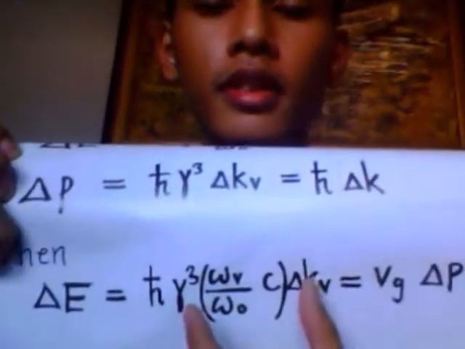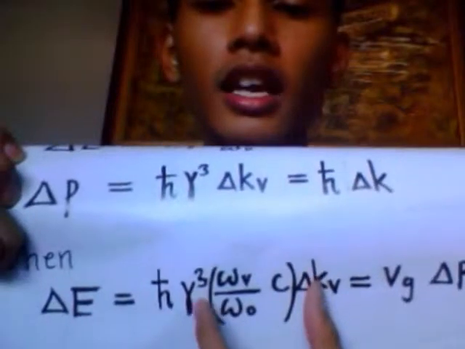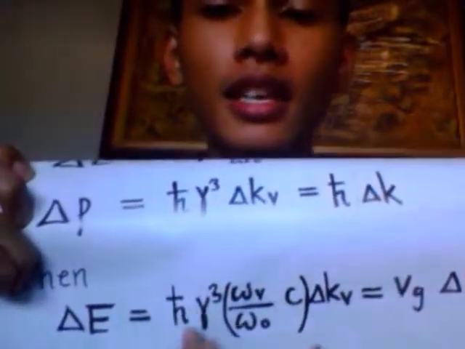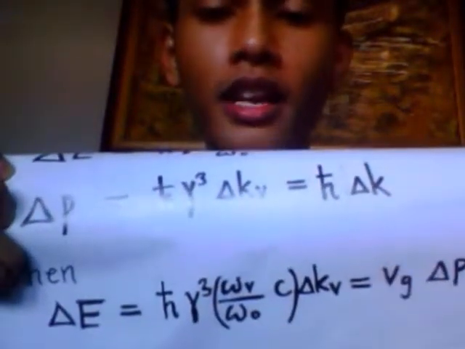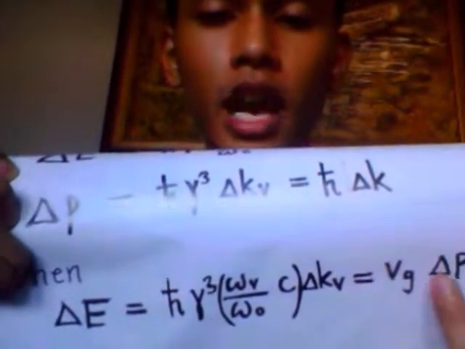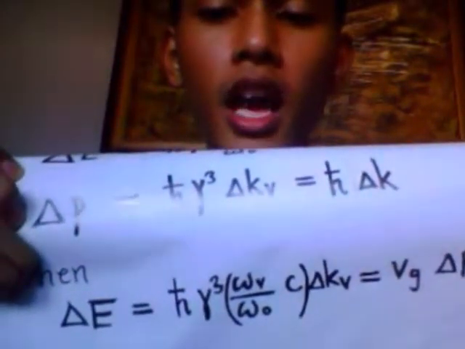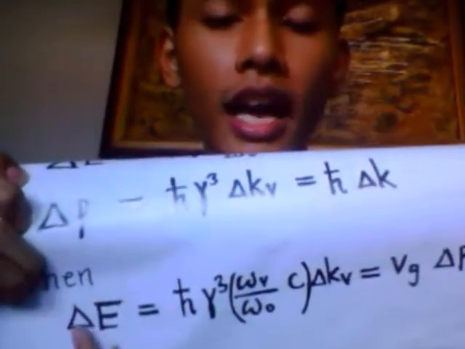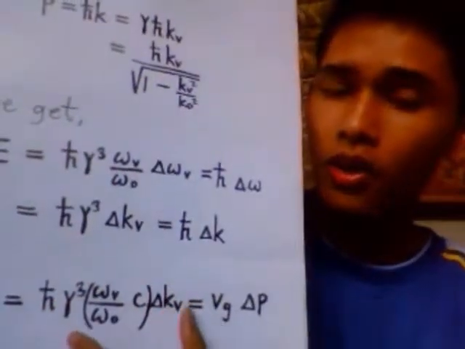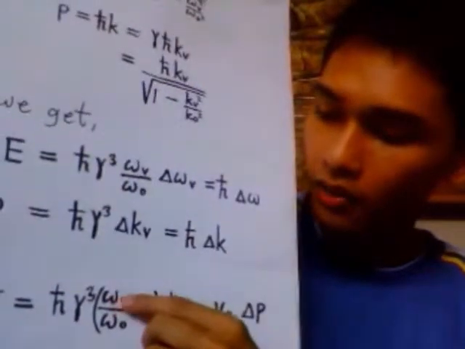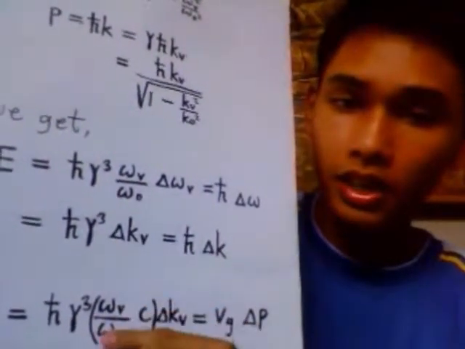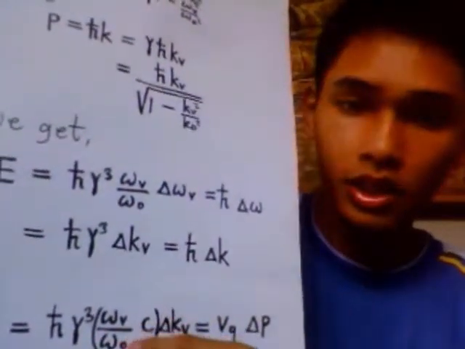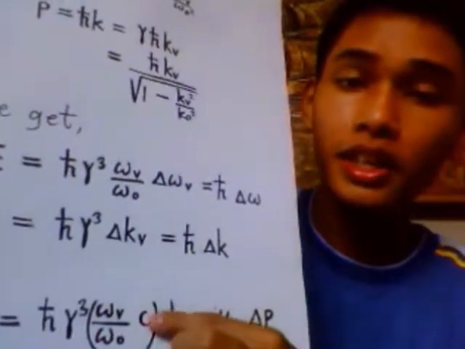Okay, the term inside the brackets is now the group speed. And this group speed relates the uncertainty of the momentum and the uncertainty of the energy. We know that omega c is defined with omega 0 as the coefficient of c.